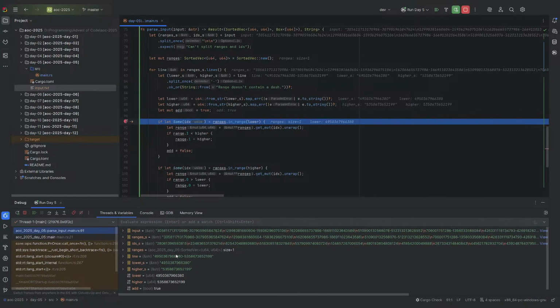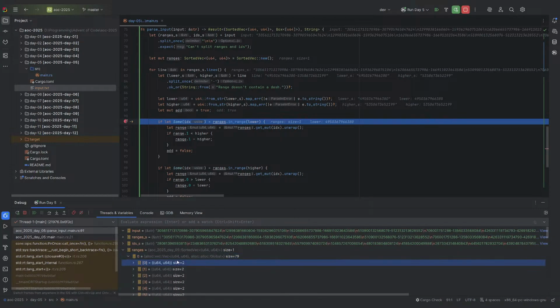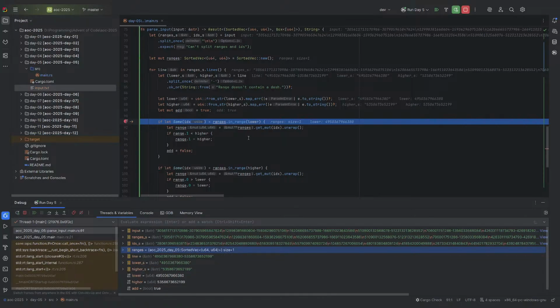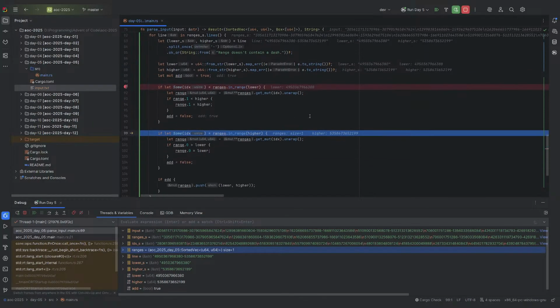There we go. There we go. Range does exist and does seem to work. Found. Not in any range.